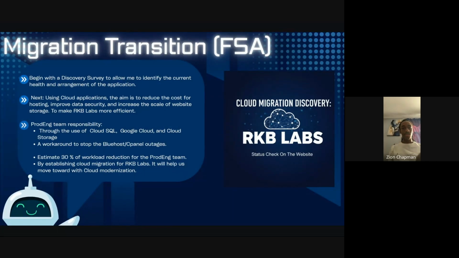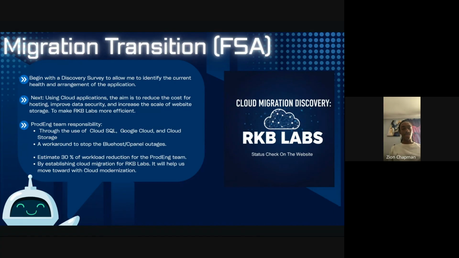Beginning with a discovery survey, I will identify the current health and arrangement of the application. My next step is going to be using the cloud application to reduce the cost of hosting, improve data security, and increase the scale of the website storage to make RKB Labs more efficient.